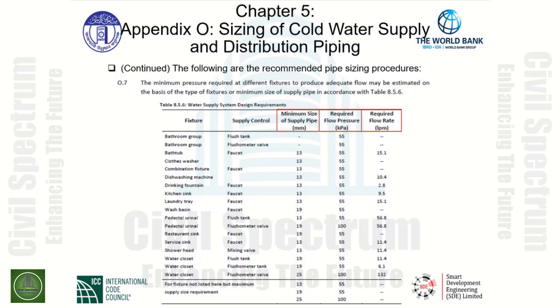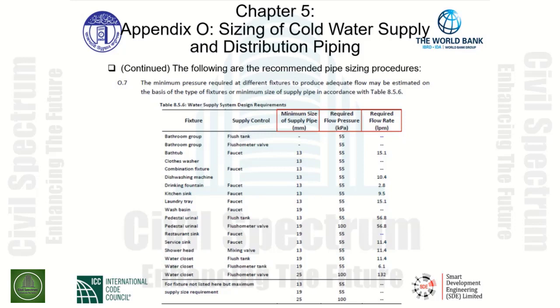The following are the recommended pipe sizing procedures. In 0.7, the table was indicated as Table 8.5.6. This table gives us water supply system design requirements. In this table, the fixtures are indicated in the first column.